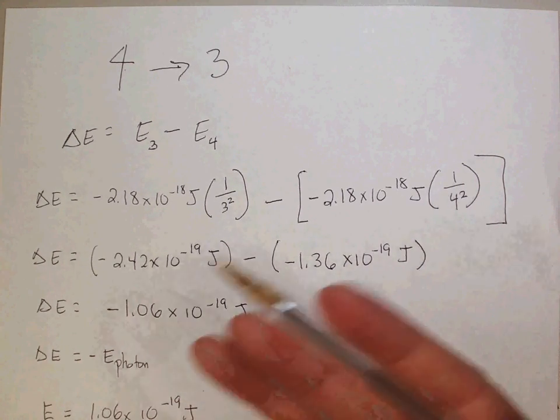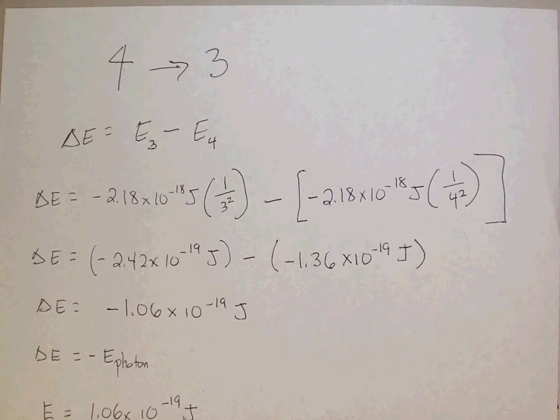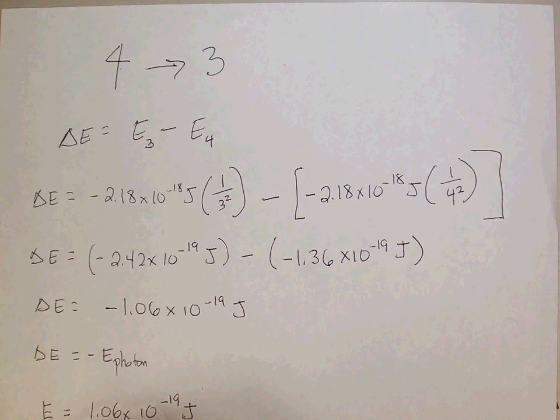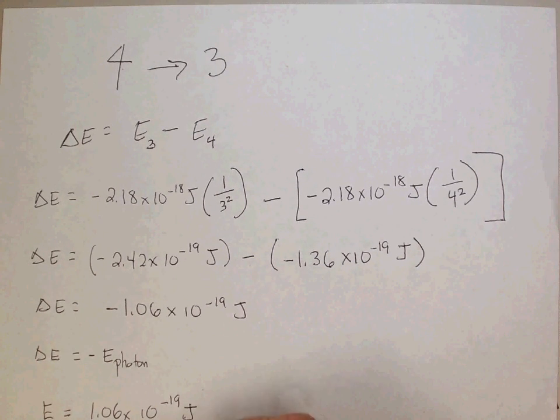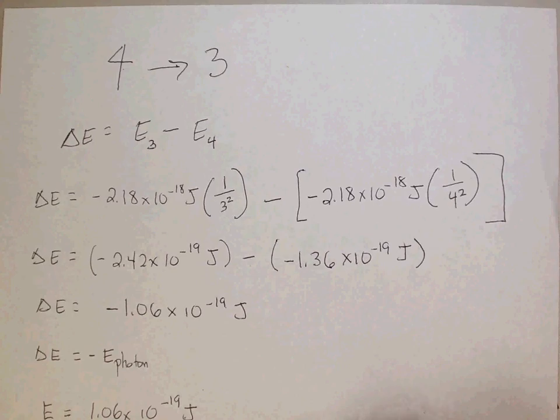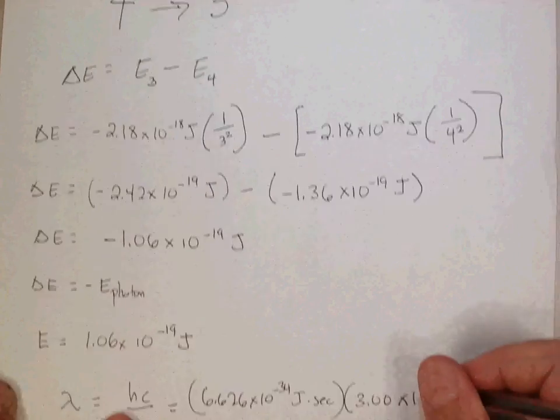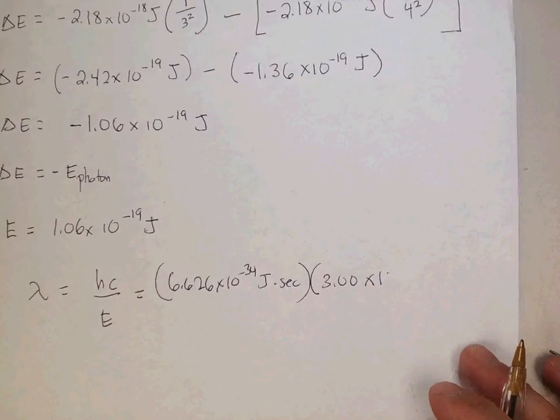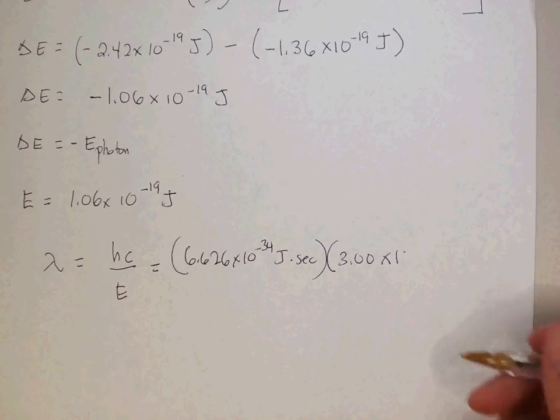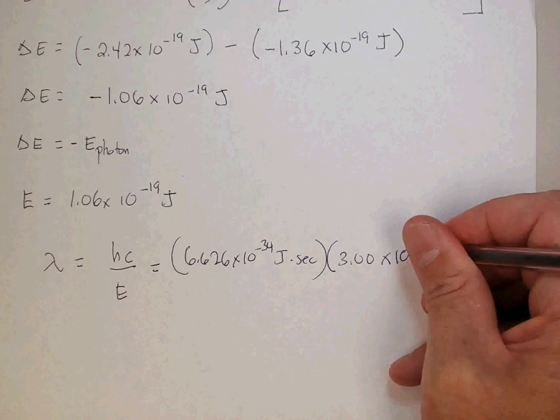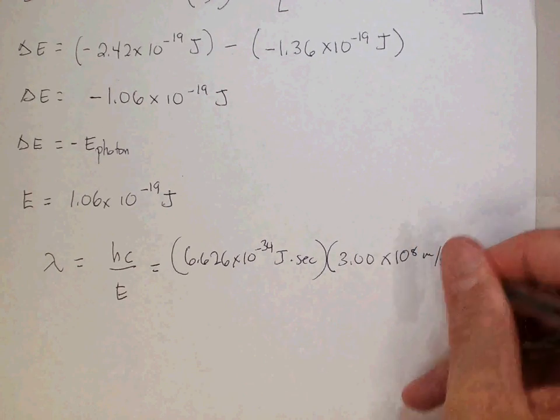Same number, different sign. Now we're going to take the formula that says that the wavelength of a wave is equal to hc over E. H being Planck's constant, so that's 6.626 times 10 to the negative 34 joule seconds, times the speed of light, 3.00 times 10 to the 8th meters per second.